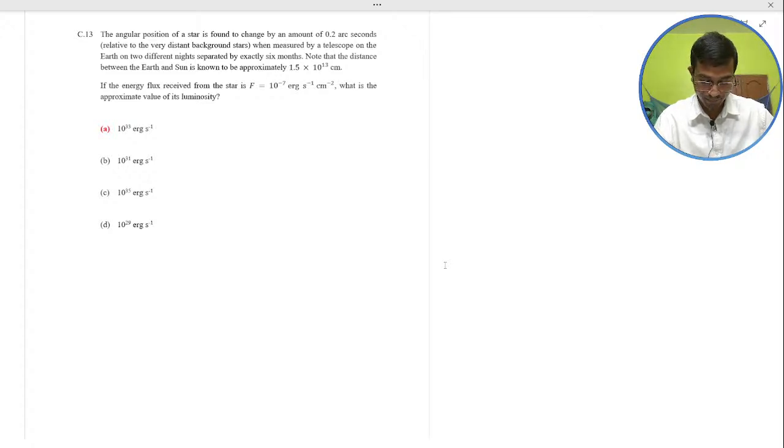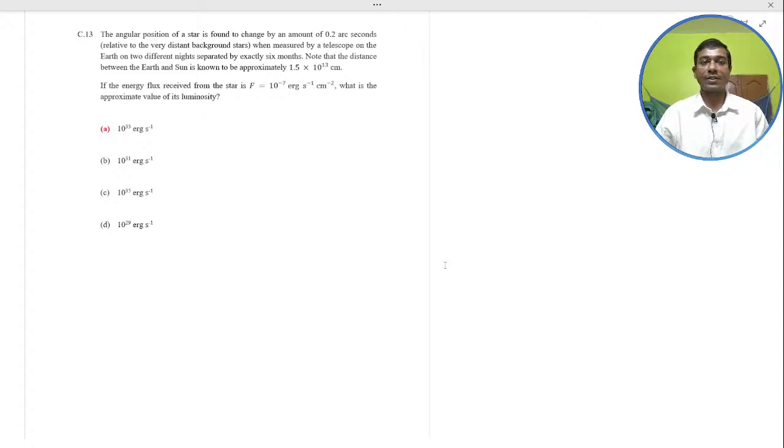Question number 13, 14 for yours. The angular position of a star is found to change by an amount of 0.2 arc second when measured by a telescope on the earth on two different nights separated by exactly 6 months. Note that the distance between the earth and the sun is approximately 1.5 × 10^13 cm.